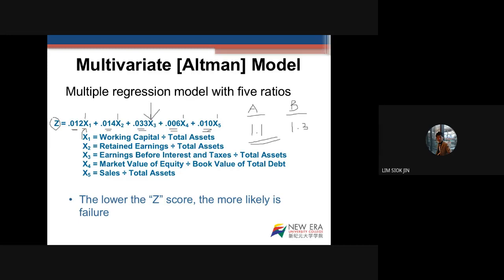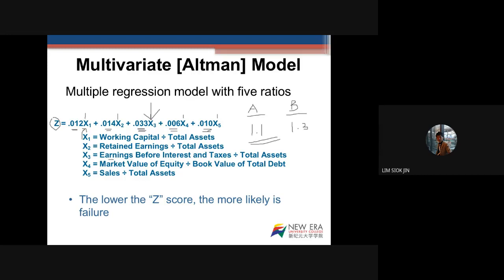Why? If you look at the number in front of X3, 0.033, this number is larger than everyone else. You see? 0.012, 0.014, 0.006, 0.01. So 0.033 for X3 here is the largest number. So the largest number means this is more important.